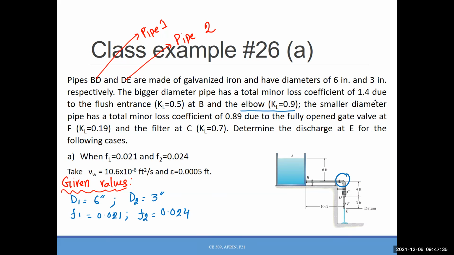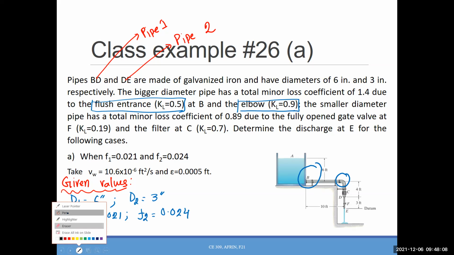And there is one thing called flush entrance. Flush entrance means when the water is entering from a big reservoir into a small pipe. The huge amount of water is entering into a small diameter pipe, so that will create a head loss. That is another source here. So in total for pipe 1, we have summation of KL1 equals 1.4.